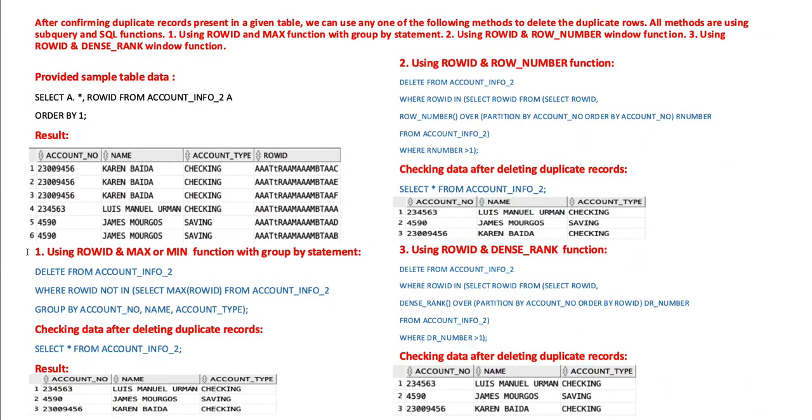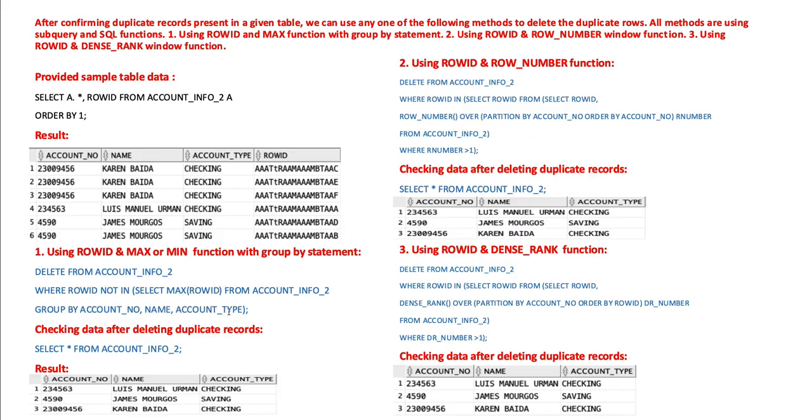Let me go through the first method, that is using ROWID and the MAX or MIN function with a GROUP BY statement. To delete rows from the table, we use the DELETE statement. DELETE FROM account_info_2 WHERE ROWID NOT IN (SELECT MAX(ROWID) FROM account_info_2 GROUP BY account number, name and account type).